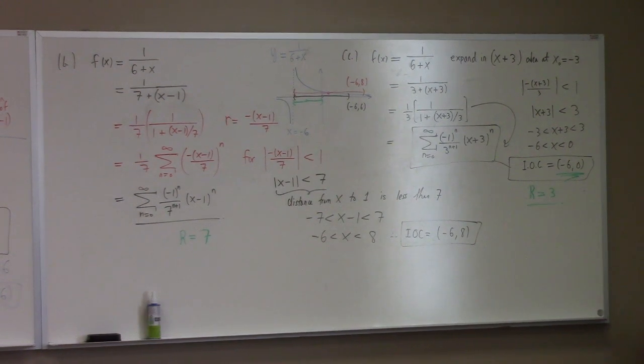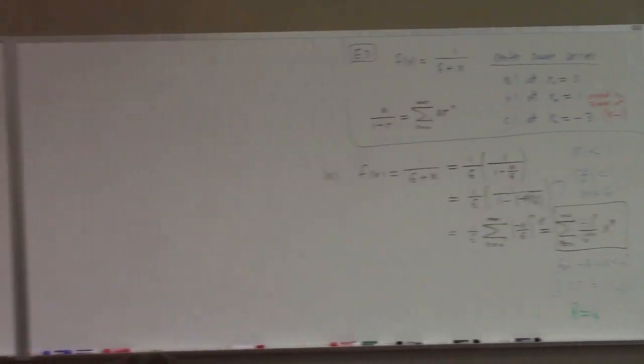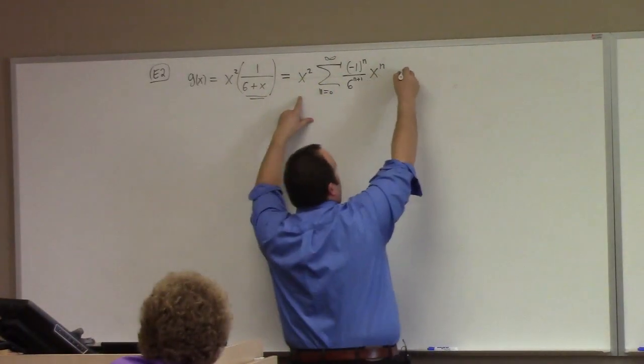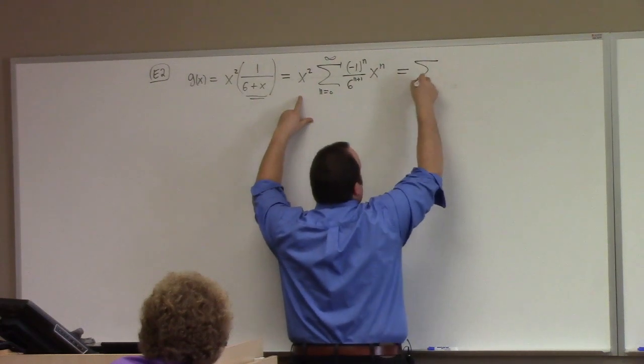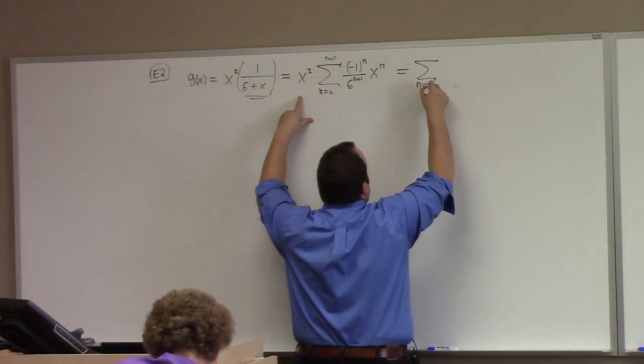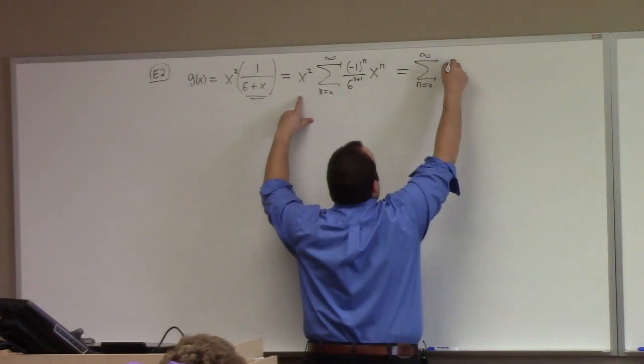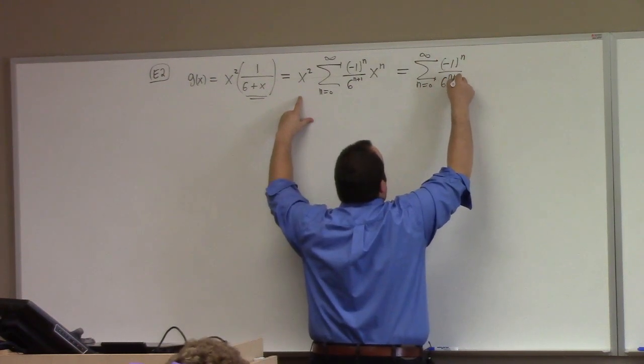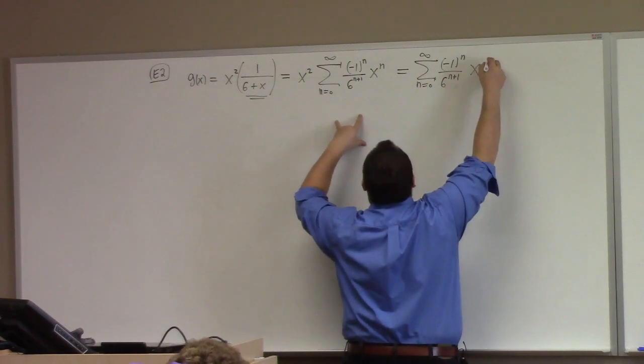It's a relief. So then how do you do this? Well, good news. You can multiply a series in the most natural way. You just bring it inside and multiply, and so this is nothing more than the sum n equals 0 to infinity of minus 1 to the n over 6 to the n plus 1 times x to the n plus 2.